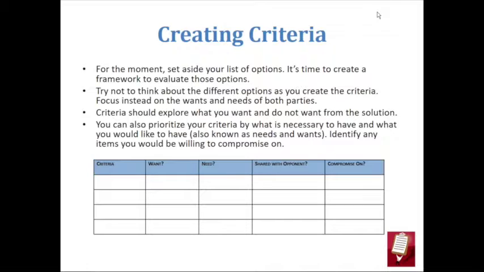Try not to think of the different options as you create the criteria. Focus instead on the wants and the needs of both parties. Wants are not as important as your needs. So you always want to put the priority in what your needs are.